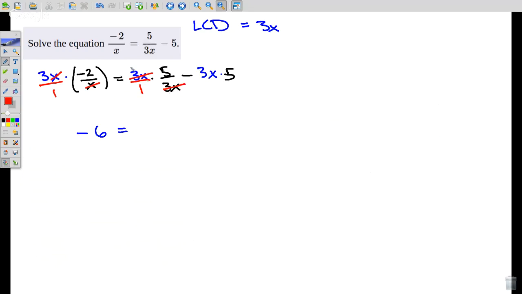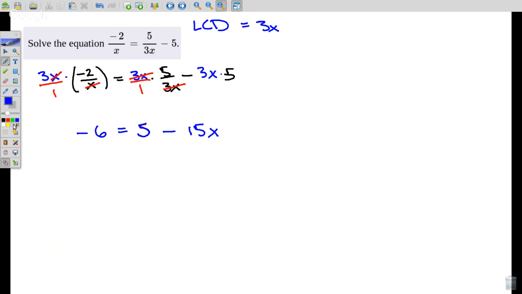Number divided by itself is 1. 1 times 5 is 5. Minus, nothing to cancel in the denominator, just 3x times 5, which is 15x. Cool, most of the x's canceled. Was that wishful thinking? Nope, they did cancel.